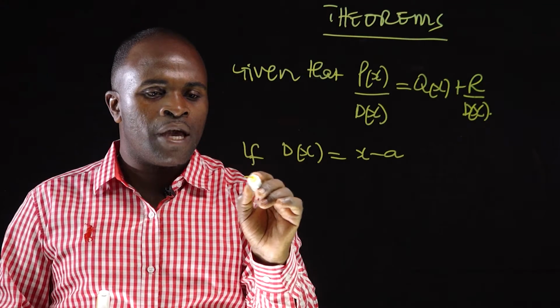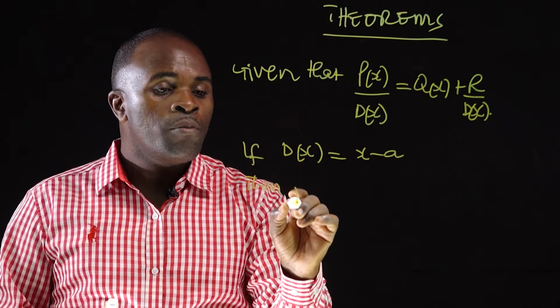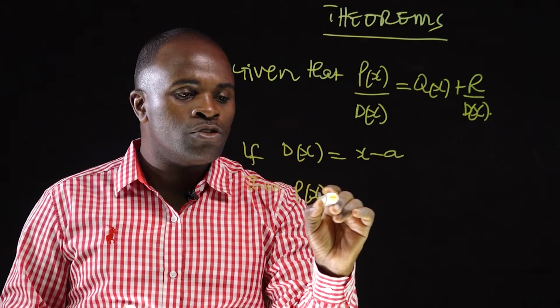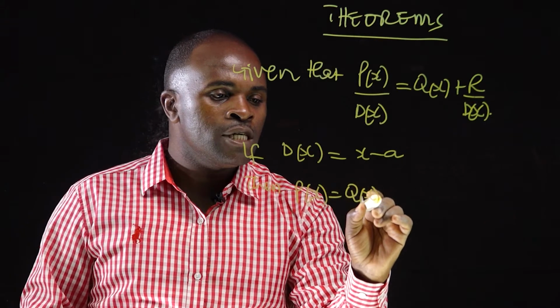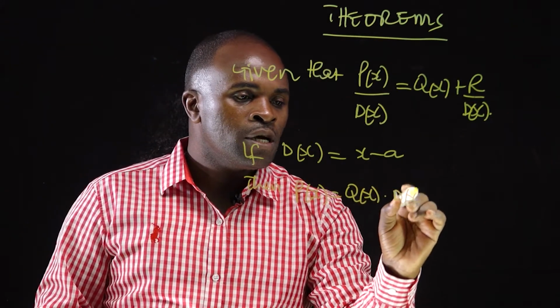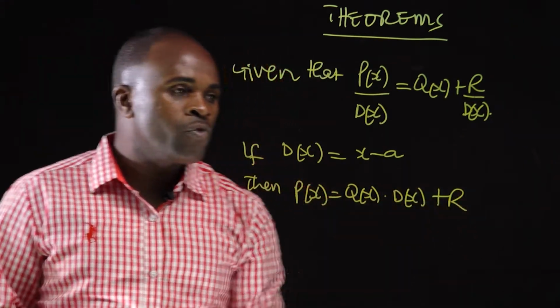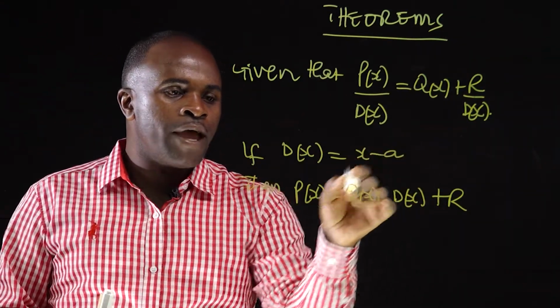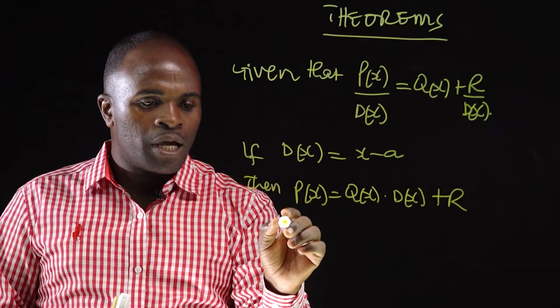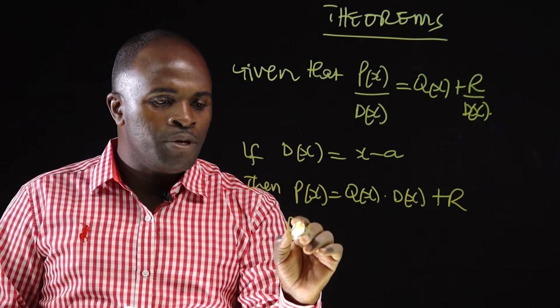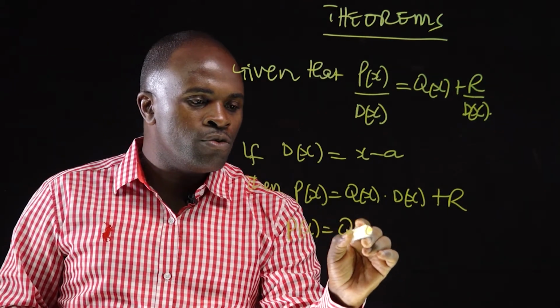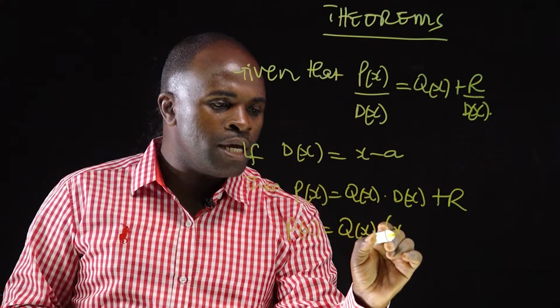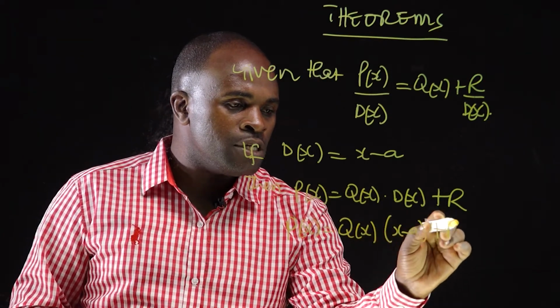So we have P of x equals Q of x times D of x plus remainder R. Setting D of x as x minus a, the expression becomes P of x equals Q of x times (x minus a) plus R.